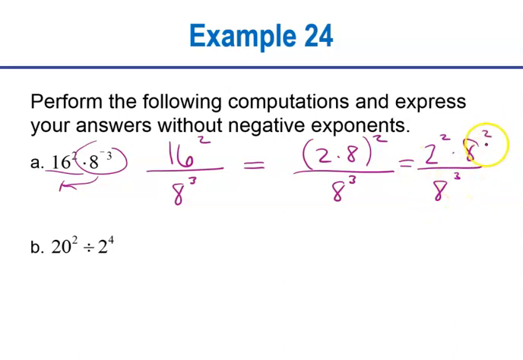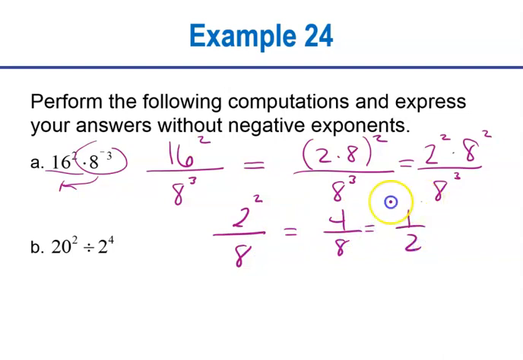And I can subtract these exponents. There's 3 8s down here, and there's 2 8s up here. That's going to give me 2 to the second over 8 in the denominator. 2 squared is 4 over 8. Finally, that gives me 1/2. All without a calculator.